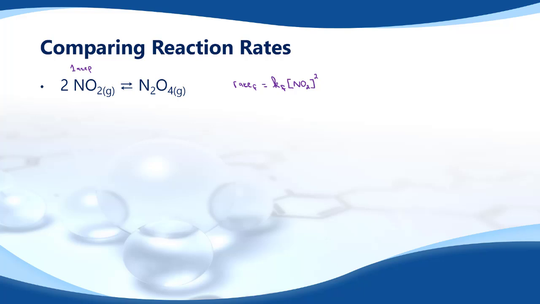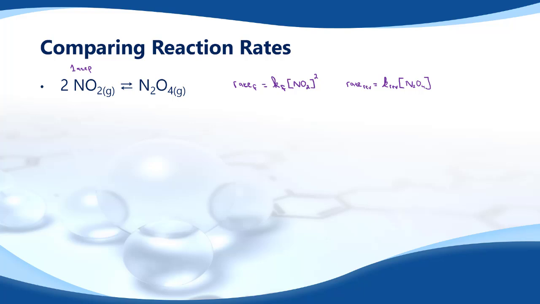We can also write one for the reverse reaction. So the rate of the reverse reaction is going to be equal to K of the reverse reaction times the concentration of the reactant, or N2O4. This is just to the first power because our coefficient here is 1. So these are our two reactions.